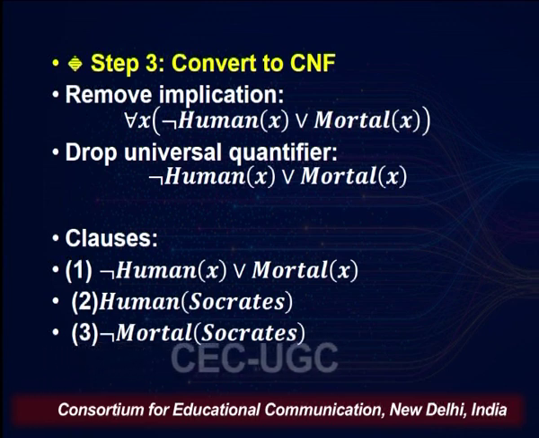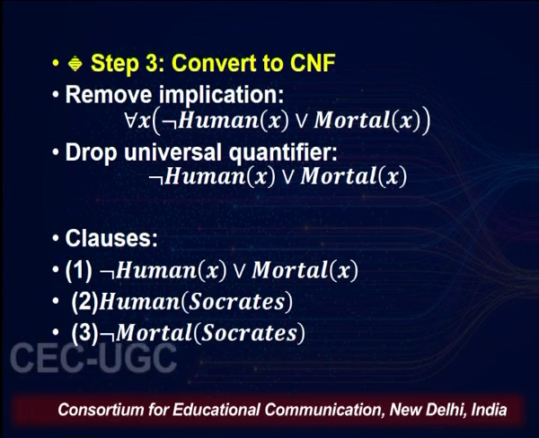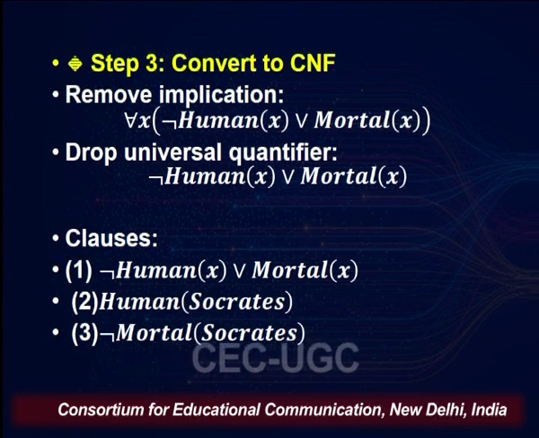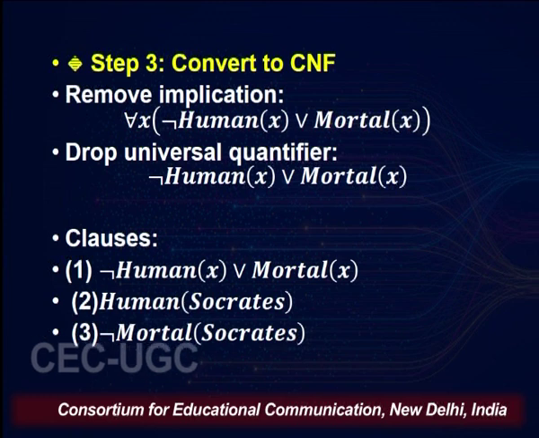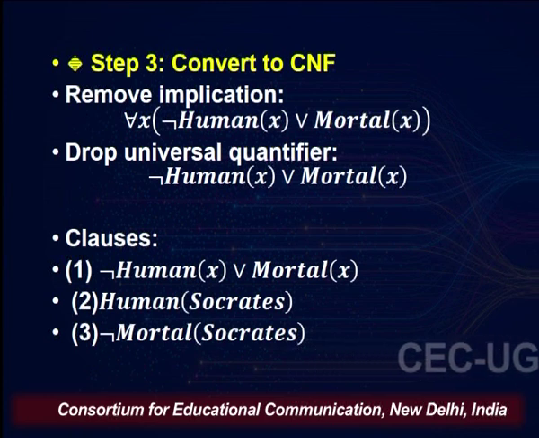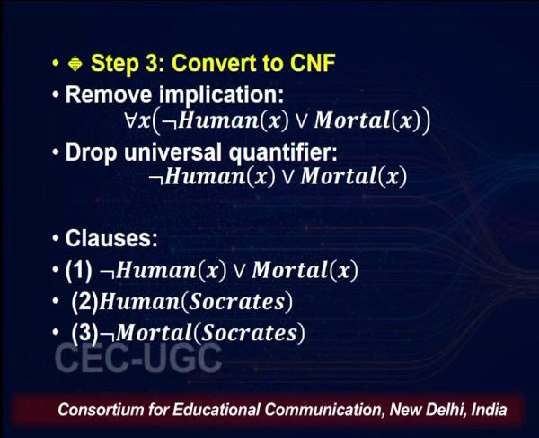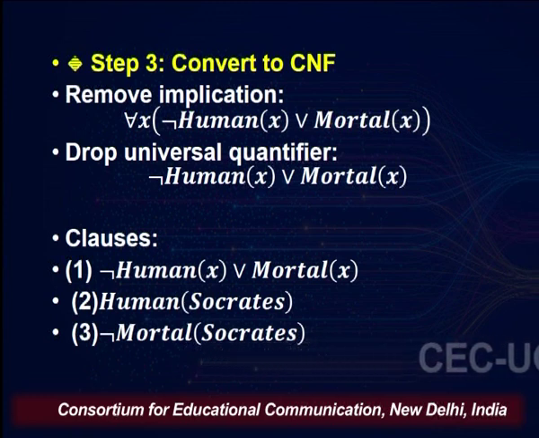Apart from that, we need to remove the quantifiers, whether universal or existential. Existential quantifiers can be removed with the help of Skolemization, whereas universal quantifiers can be dropped directly because they apply to the whole universe. So, after removing implication, when we drop the universal quantifier from for all x, negation of human(x) or mortal(x), we are just left with negation of human(x) or mortal(x).